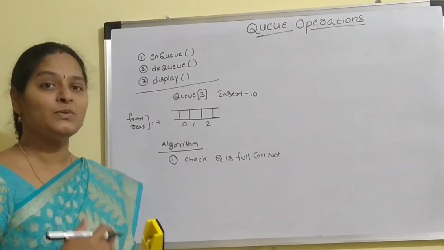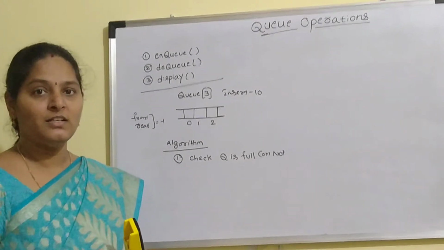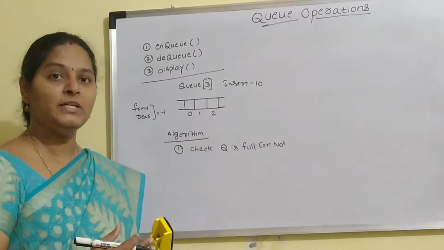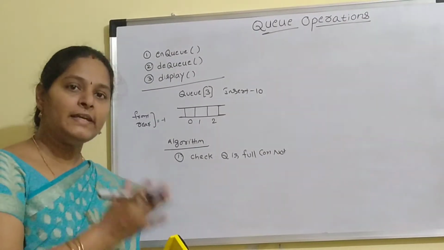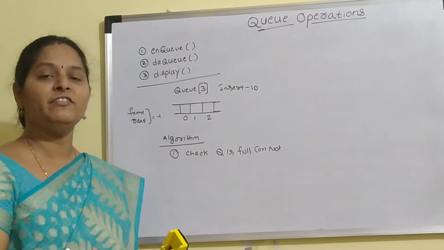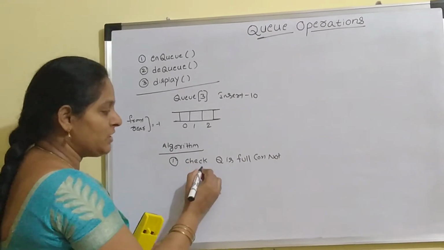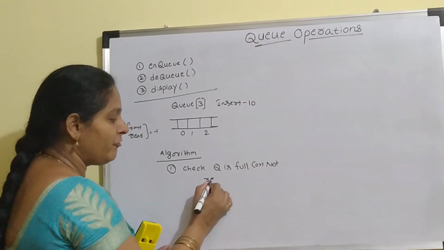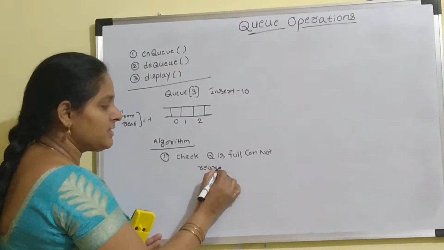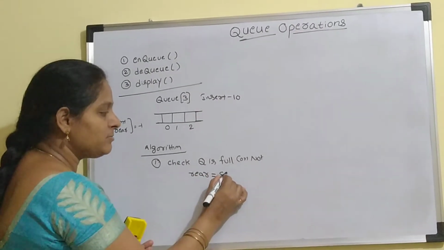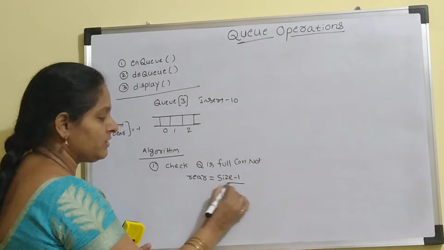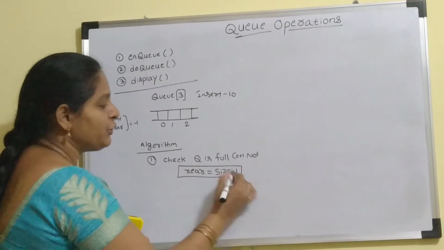So how to check whether the queue is full or not? Here the insertion will be done from the rear end. So with the rear pointer position only we can identify whether the queue is full or not. If your rear pointer is at the size -1 position, that indicates that the queue is full.